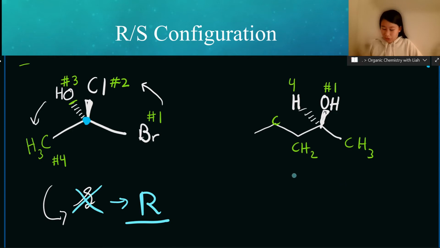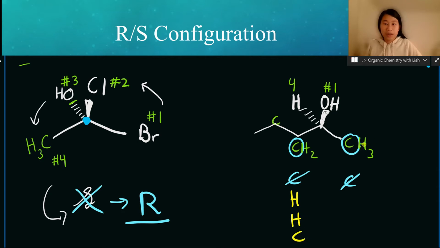So let's try to find what's going to be priority number 2. Well, let's compare these groups. Going to the left, we see a carbon. Going to the right, we also see a carbon. We can't make a decision there, because these tie. We need to go on. So we need to ask ourselves, what is this carbon attached to on the left? Well, this carbon on the left is attached to 2 hydrogens and a carbon. What is the carbon on the right attached to?